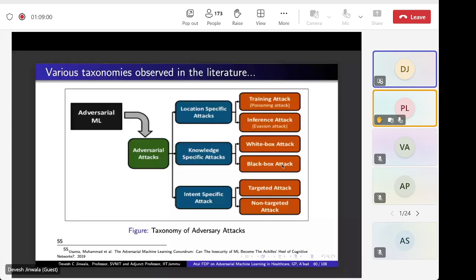Now you would immediately be able to relate this with capability. If I say white box, the adversary capabilities are higher because he's part of the system. He's able to see the system. He's able to influence the training model also. So that would be white box. While a black box would be an evasion attack, which would occur during the deployment phase of a machine learning system.